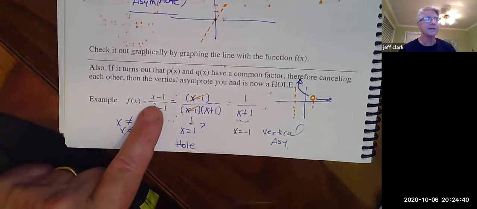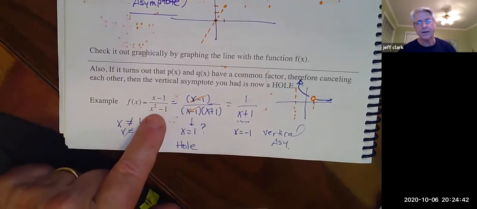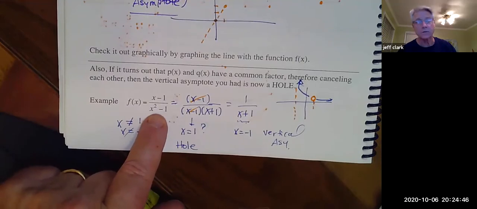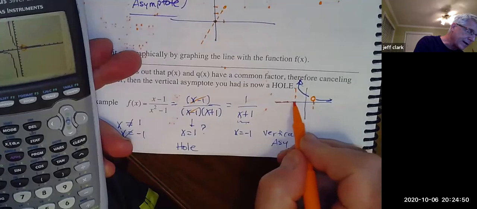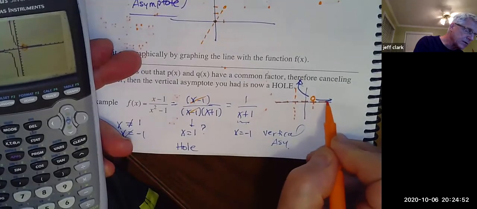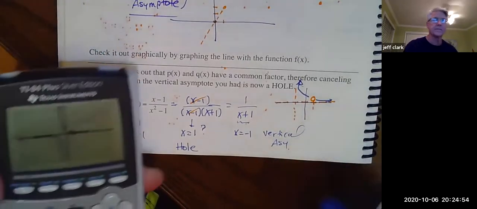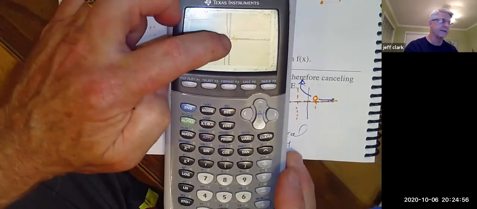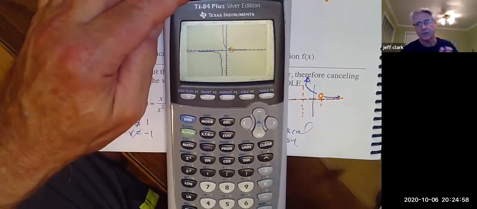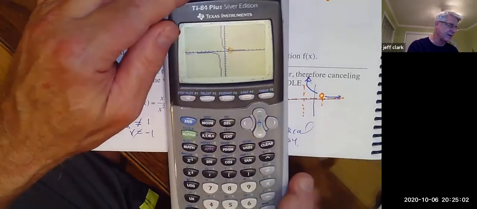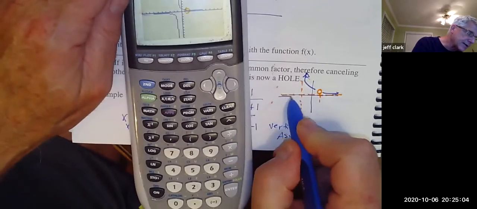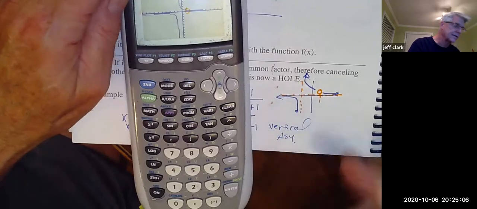If the degree at the top is smaller than the degree at the bottom, there's a horizontal asymptote of y equals 0. That's the horizontal asymptote at y equals 0. And then there's a hole right there. They just don't show it on the calculator because it's so small. And then this picture right here on the left-hand side, you can sketch that in like that.